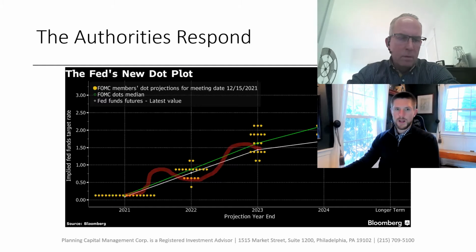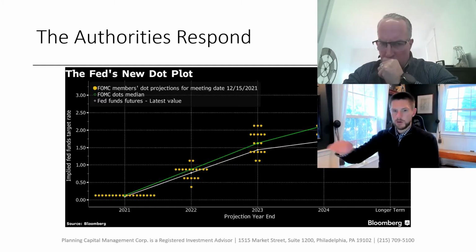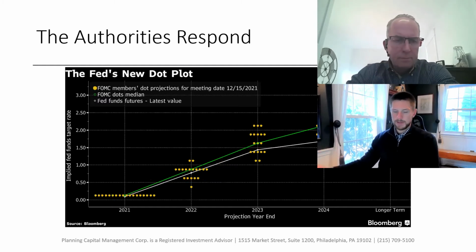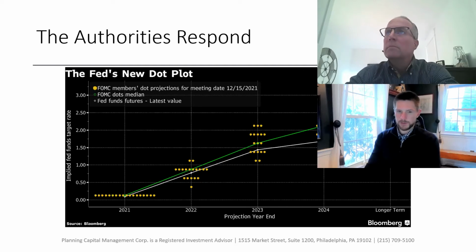So the market sort of corrects along the way, as expectations versus reality don't always match up.